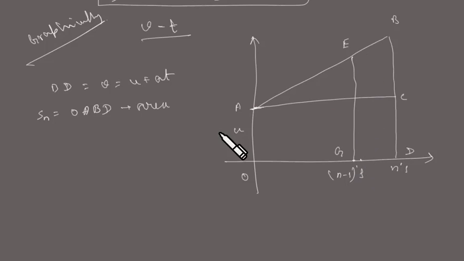The velocity is EG, which equals V n minus 1 second, which is also equal to U plus AT. Here T is n minus 1, therefore V n minus 1 equals U plus A into n minus 1, because here T equals n minus 1. So that's the velocity.